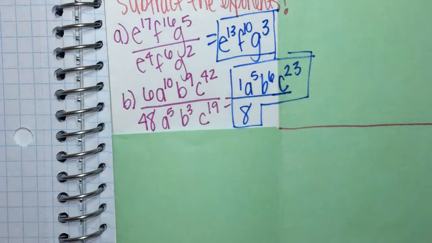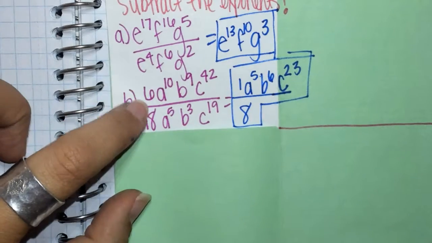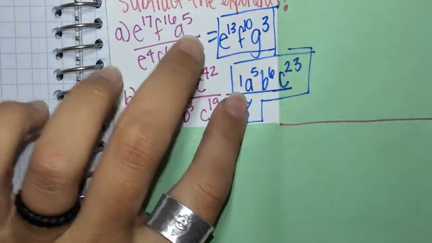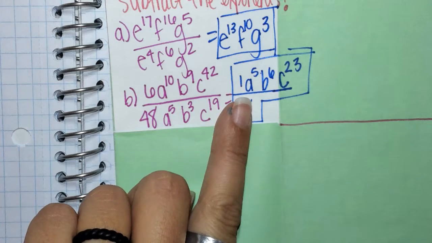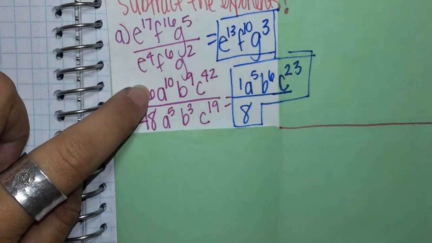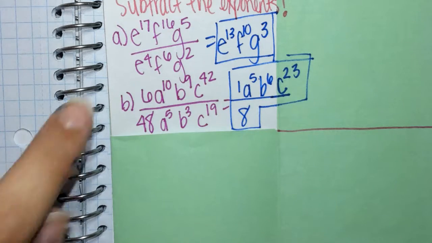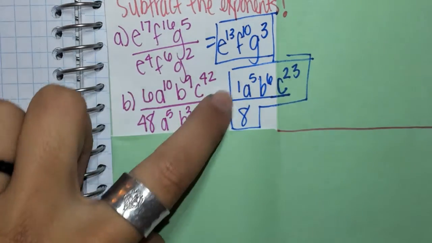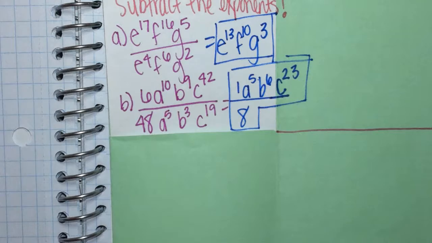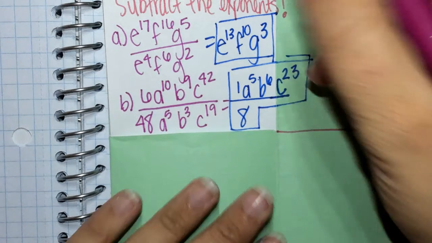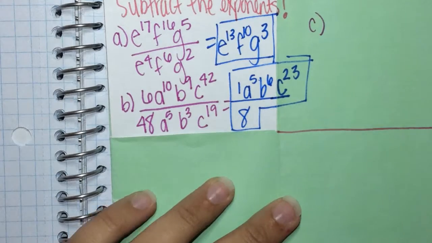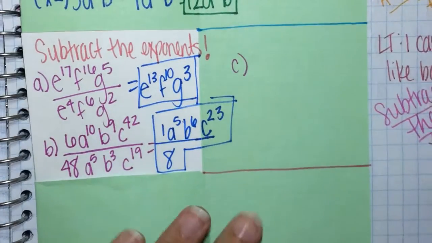So if it's a small number divided by a big number, you're going to have a fraction. 6 goes into both of these. 6 divided by 6 is 1. 48 divided by 6 is 8. Ready for another one? We will get homework, but not yet.